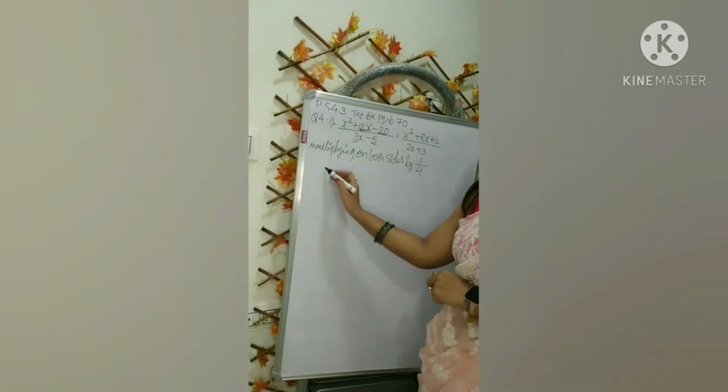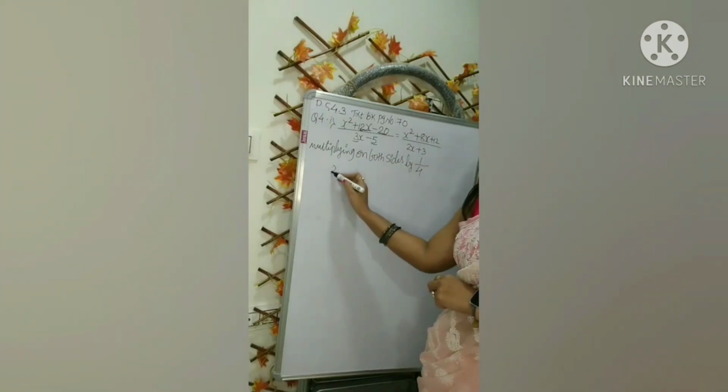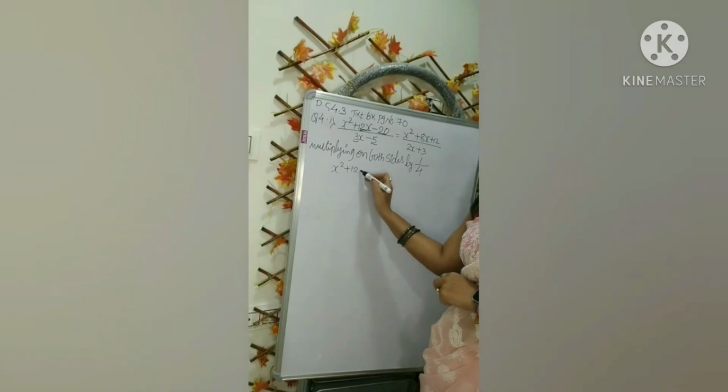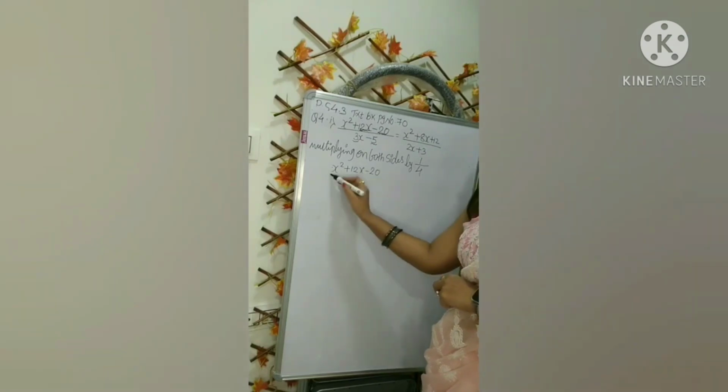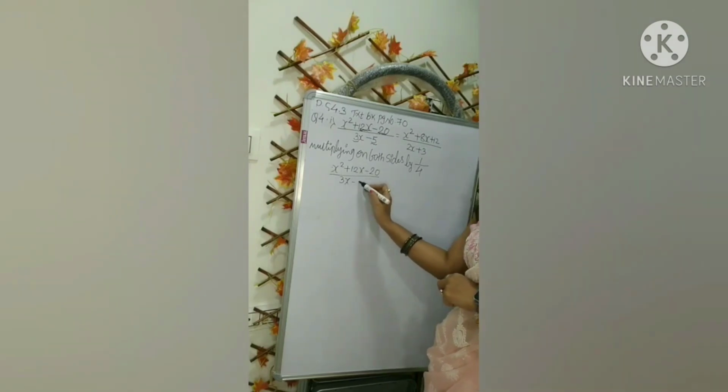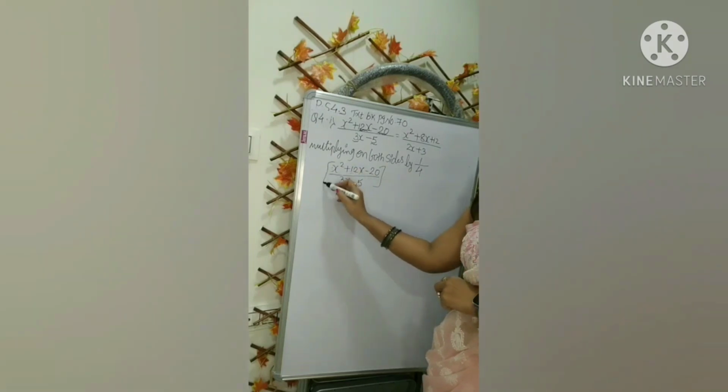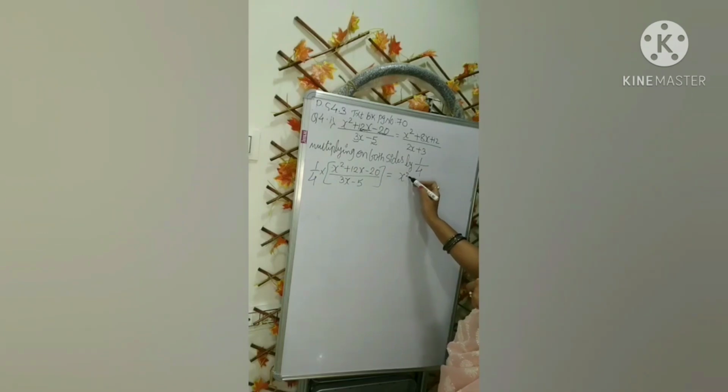So what is it that I get if I multiply both the ratios by 1 upon 4? x square plus 12x minus 20 upon 3x minus 5. This I will multiply with 1 upon 4. Similarly on the other side, x square plus 8x plus 12 upon 2x plus 3. This will also get multiplied by 1 upon 4.